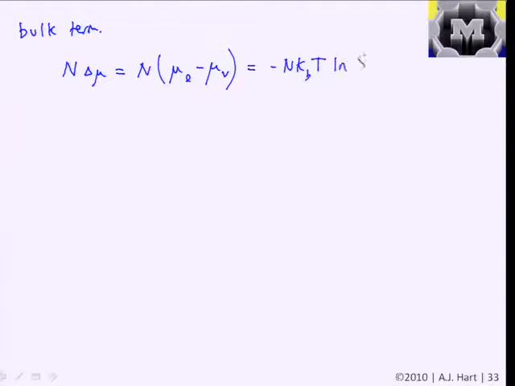multiplied by the natural log of a parameter s, where we define s as the supersaturation, or the vapor pressure of our precursor in the system, divided by the equilibrium vapor pressure of the precursor at that certain temperature.